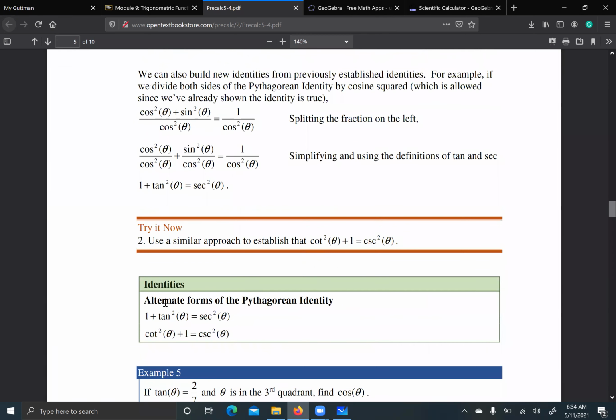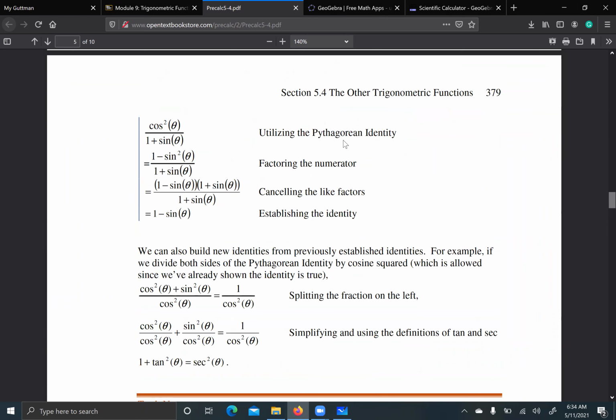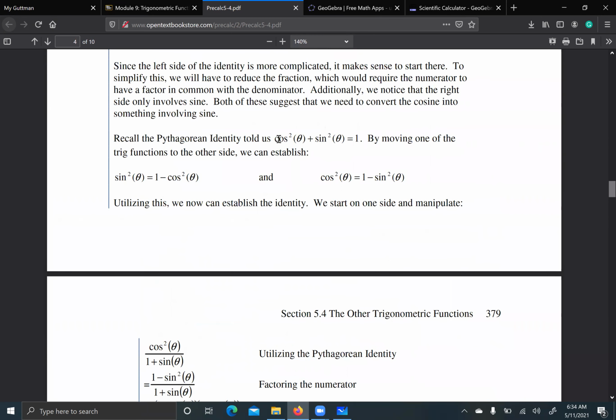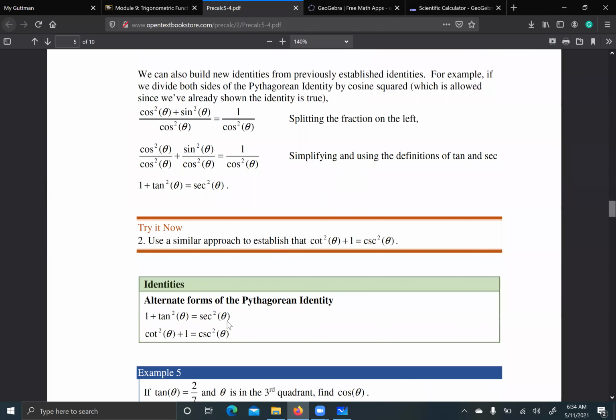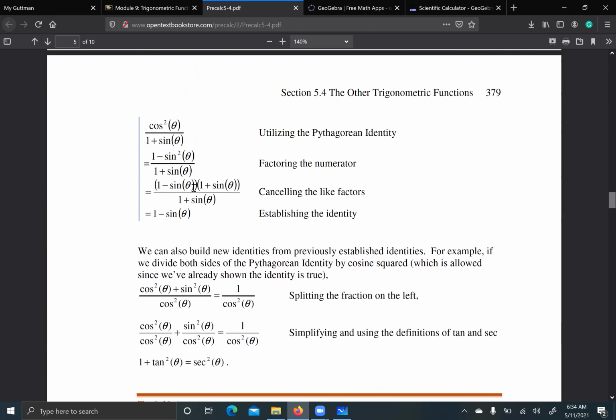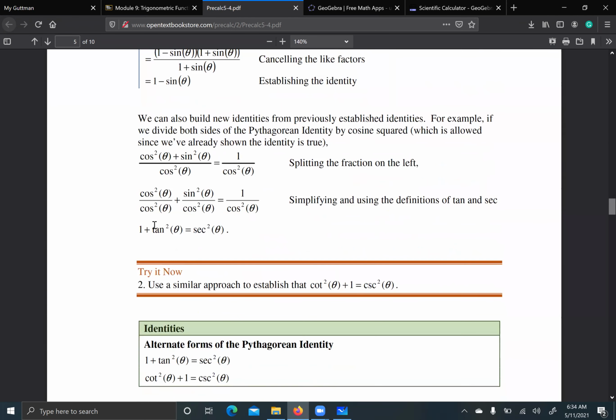There are also alternative formats of this fundamental Pythagorean identity. This is the Pythagorean identity that I already used: sine square plus cosine square is 1. Another version, the version that has tangent, is 1 plus tangent square is secant square. And here is the proof. Look, 1 plus tangent square.